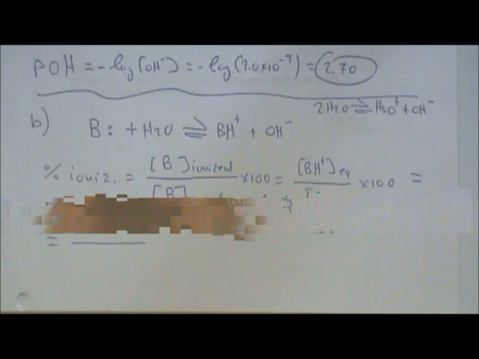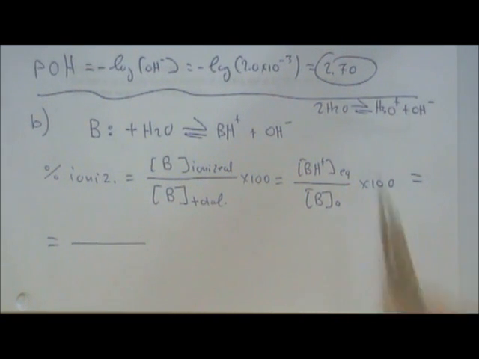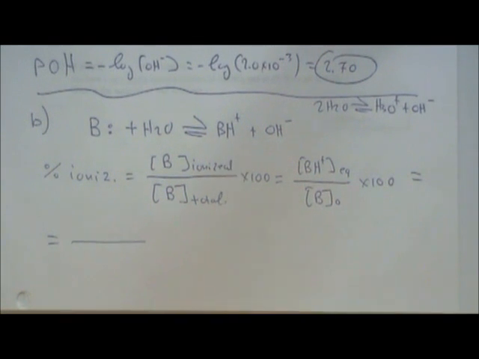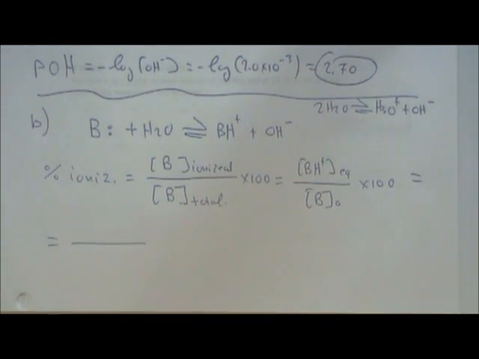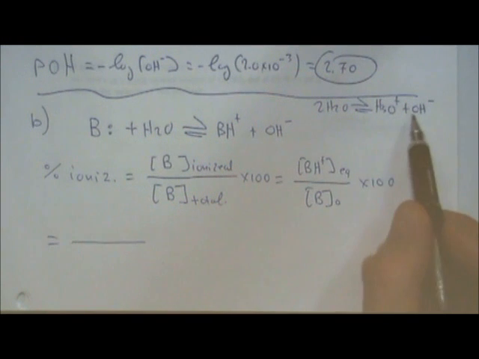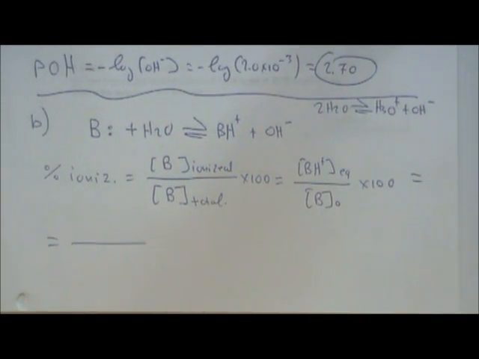Do you have anything else? That's it. Because each one of them has one charge, not 2 or 3, it has to be the concentration of OH minus from water plus the concentration of OH minus from the base, the weak base, right?